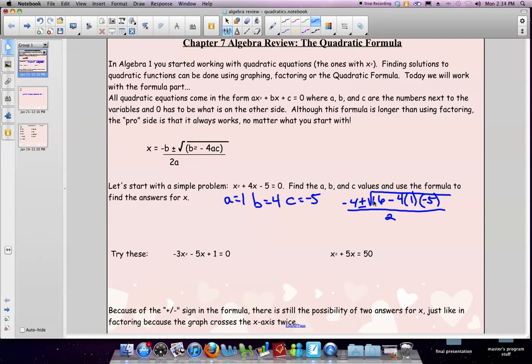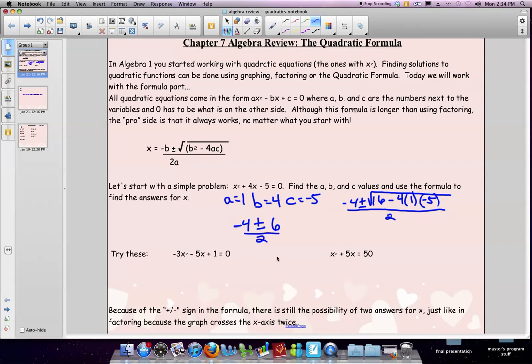Then make sure that I end my parenthesis so that my calculator knows that I'm going to take the square root of this entire thing. I hit enter, and in this particular case, it would be 16, and then this would end up being a positive 20, so 16 plus 20 is 36, and the square root of 36 is 6. So my problem becomes negative 4 plus or minus 6 all over 2.